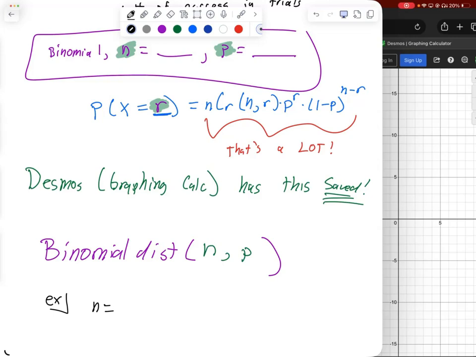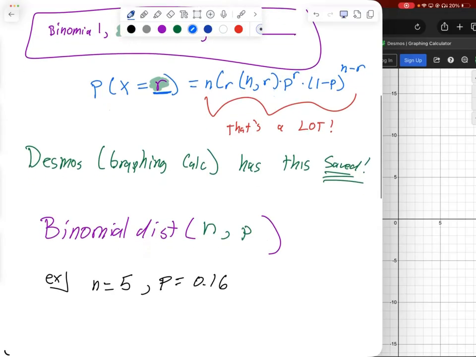N is 5, and p is 0.16. And what is r? R is 3. We want to know the probability that X equals 3.